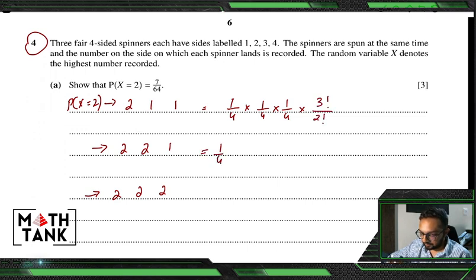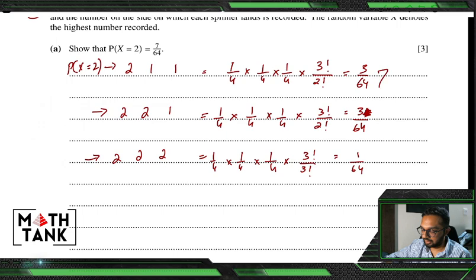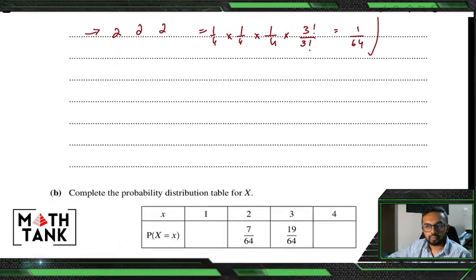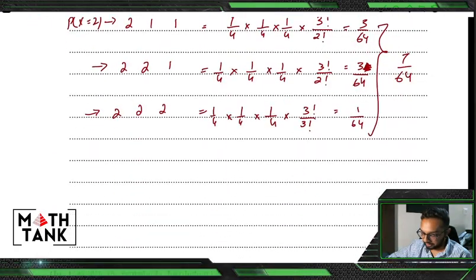Then 1/4, 1/4, and 1/4, then 3 factorial over 2 factorial. And then 1/4, 1/4, 1/4 and 3 factorial over 3 factorial, because all of them are identical. So that gives me 3 over 64, 3 over 64, sorry, and then 1 over 64. So together I make up 7 over 64. So that's shown already.